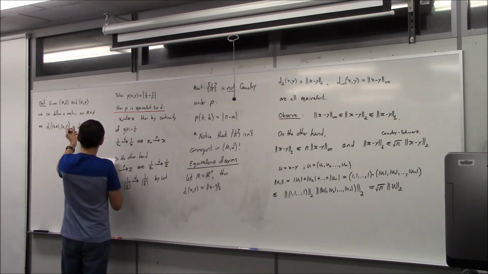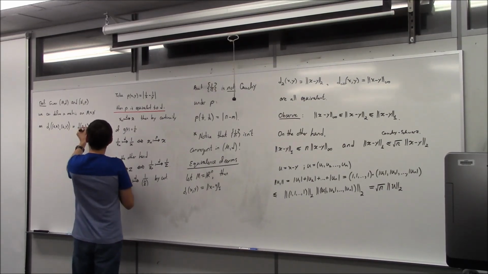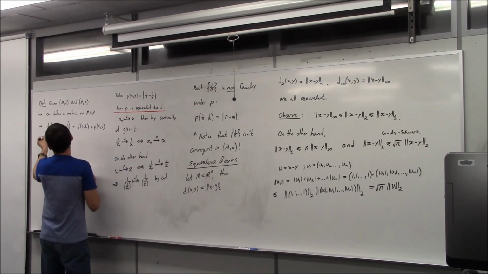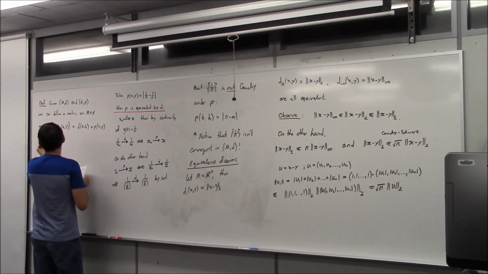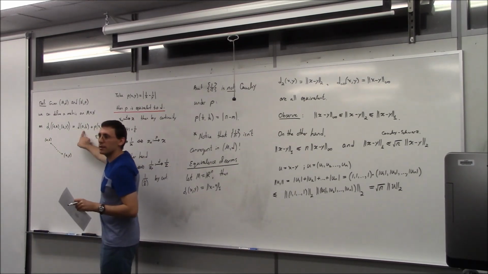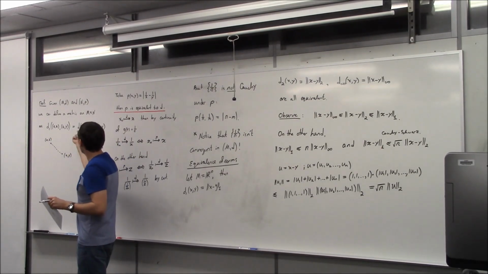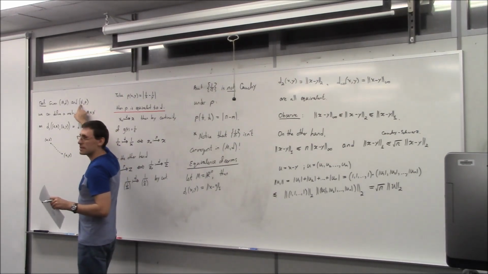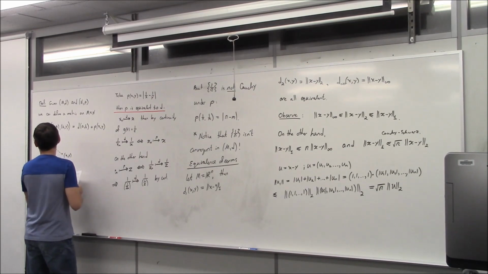So it would be the distance from a to b, it's like the 1 norm, plus rho of x, y. What I'm saying is, in the space M cross N, I have one point, which is (a, b), and I have another point, which is (x, y). And how do I measure the distance? I can simulate the 1 metric distance, where for the first coordinate I use the d metric, and for the second coordinate I use the rho metric that is defined on N.